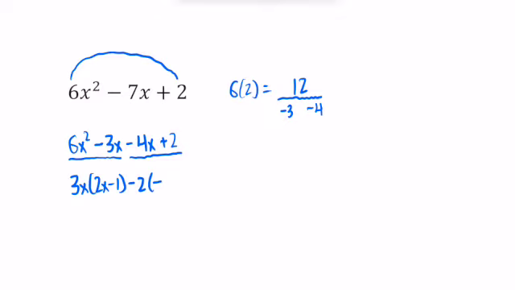Negative 4x divided by negative 2 is a positive 2x. And then 2 divided by negative 2 is a minus 1. So we have a 2x minus 1 parentheses in both parts. From the first portion, we're left with 3x. From the second portion, we're left with a minus 2.